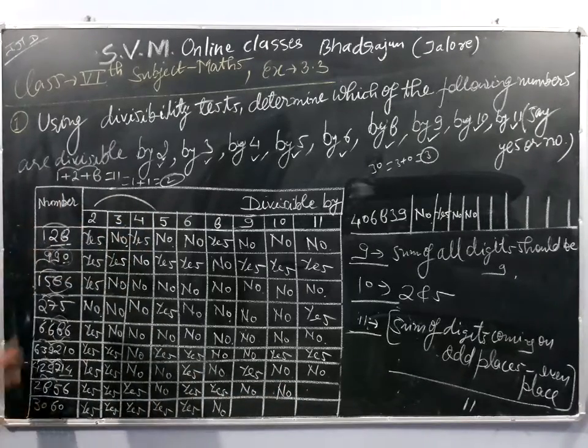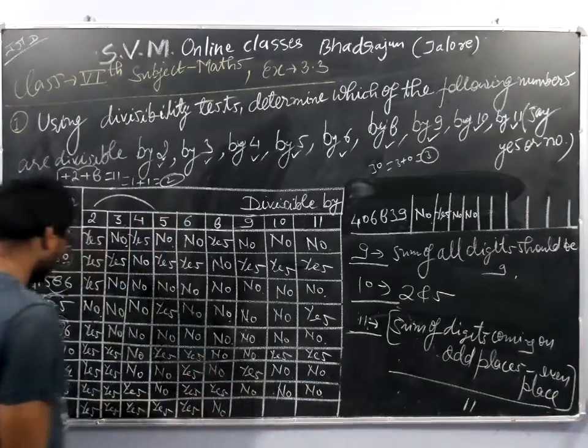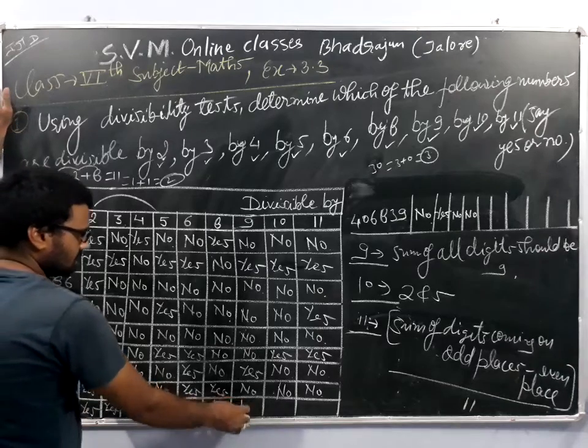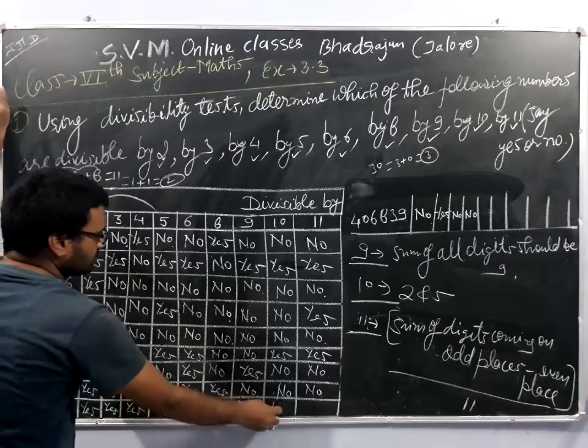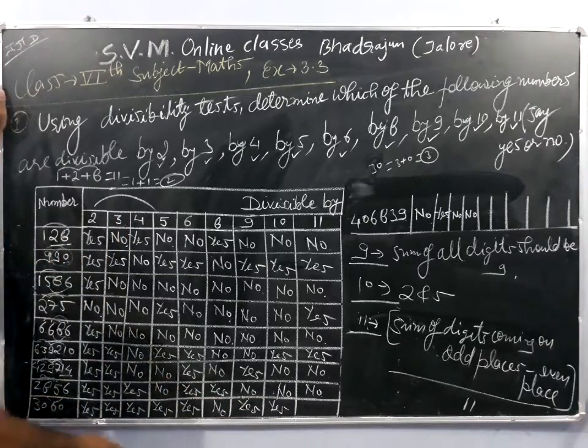Okay, 11. This is 7, and this is 14. 14 minus 7 is 7, not divisible by 11. So the number will not be divisible by 11. Here we are seeing the number is divisible by 9 because the sum is 9. The number is also divisible by 10, and the number will not be divisible by 11.